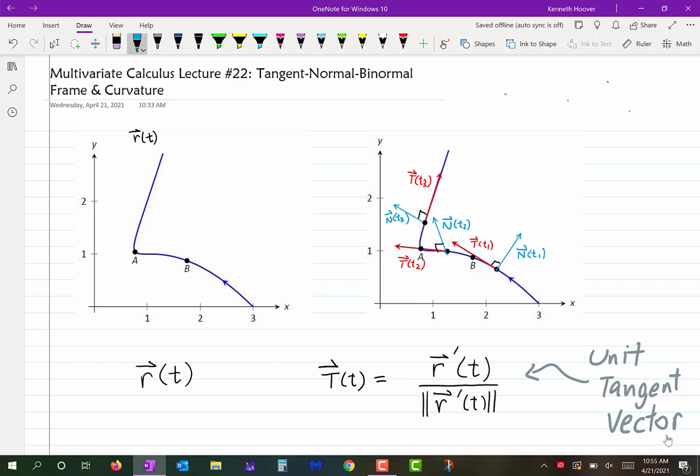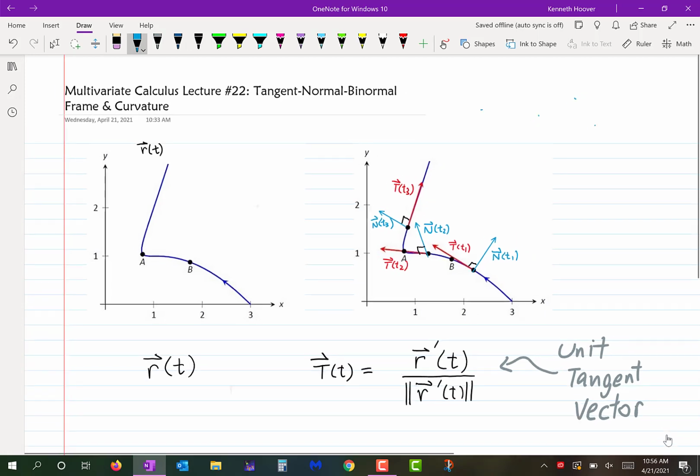Okay, now, how do we calculate capital N? That's the question. So capital N is called a normal vector, and again, so that things are consistent, we don't want the length of capital N to vary. So we scale it so that it always has length 1, and it's called the unit normal vector.